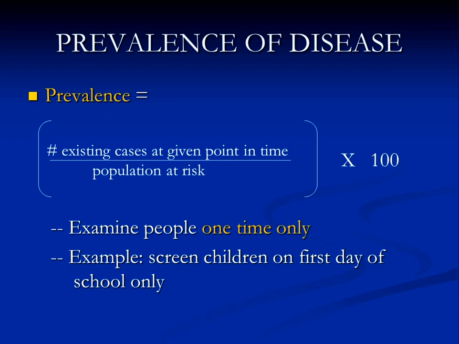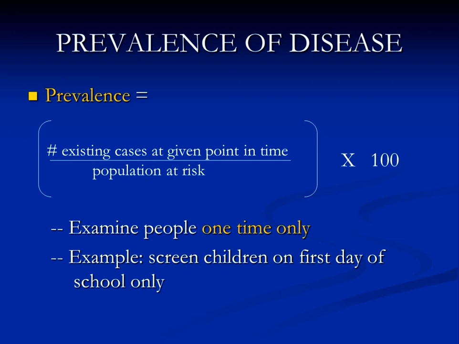Whenever I looked at those 125 sixth graders, I see that 40 kids have carious lesions. So 40 would go in the numerator, and 125 would go in the denominator, because that's the population at risk. So I would do 40 divided by 125, and that would give me 0.32.